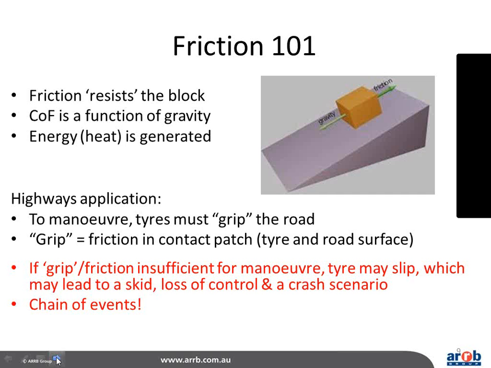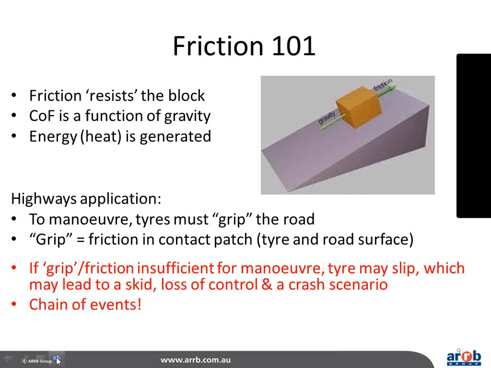We need that grip to enable cars to manoeuvre, to brake, to steer, to accelerate. And what gives us that grip is the friction in the contact patch between the tyre and the road surface. If we don't have the level of grip or the level of friction for the manoeuvre that's being attempted, the tyre can slip. And then we start getting into a chain of events. If the tyre slips, we might get a skid.